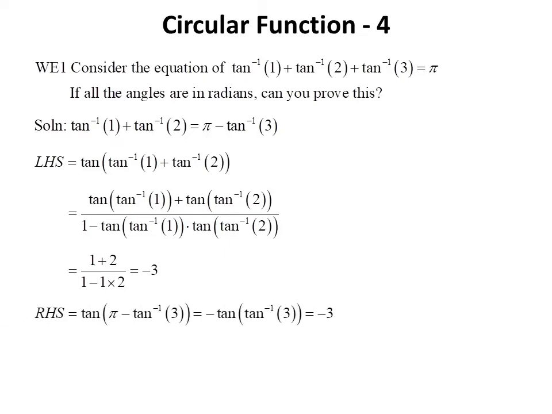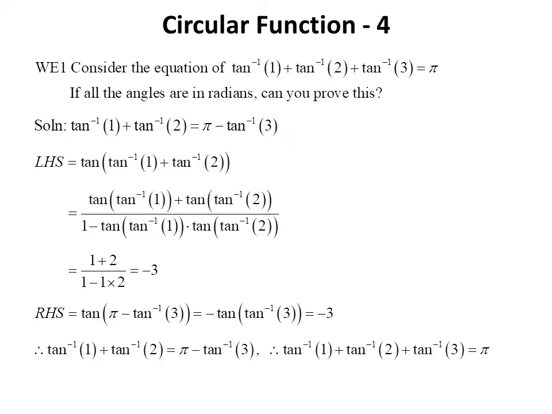However, on the right hand side of the equation, since tangent of (pi minus arctangent 3) can be transformed to negative tangent of arctangent 3, which actually is negative 3. From the above, we have proved that the sum of arctangent 1, arctangent 2, and arctangent 3 equals pi.